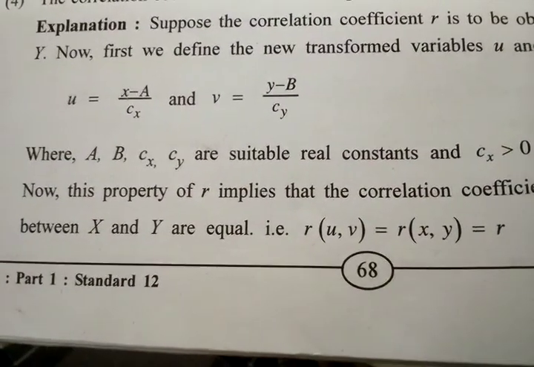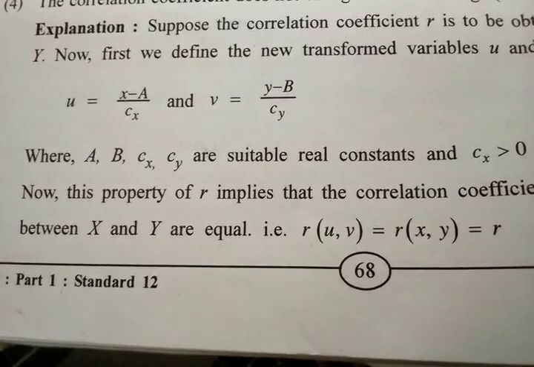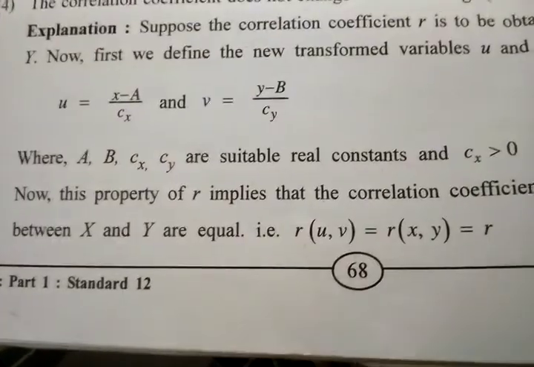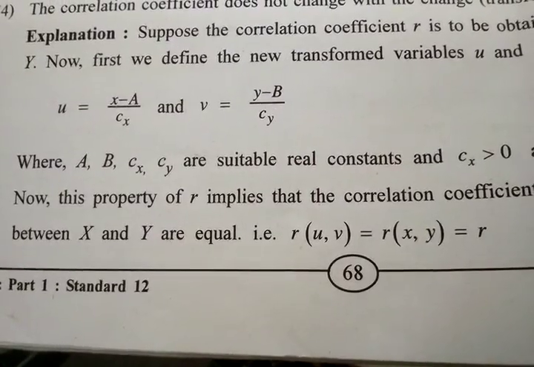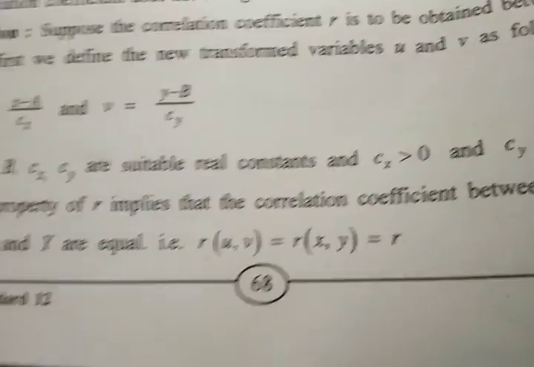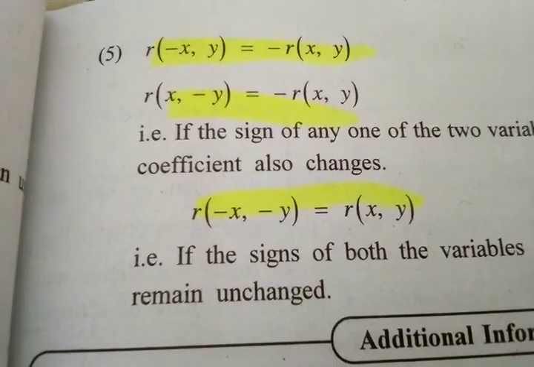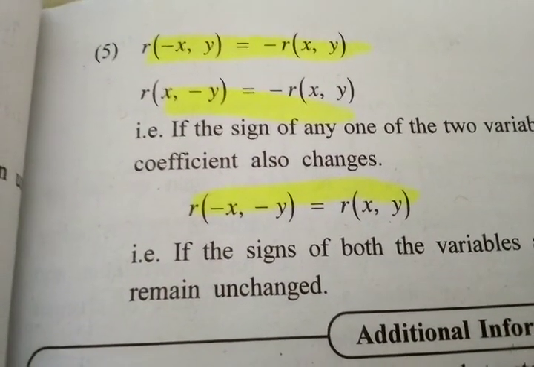When you change the values of x and y by origin and scale, then we get r as ruv, which is equal to rxy, which is equal to r. Okay, and the last point here is r of minus x, y is equal to minus r xy.